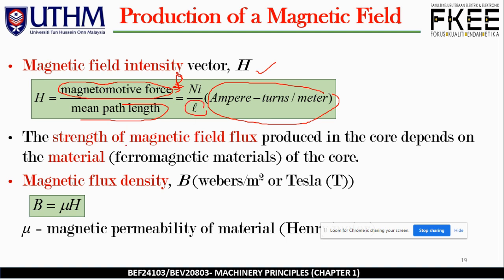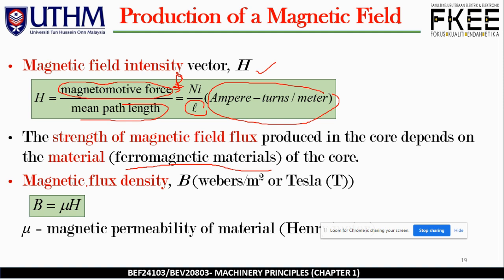The strength of the magnetic flux produced in the core depends on the material. As I mentioned earlier, the common type of material is ferromagnetic material for the core.